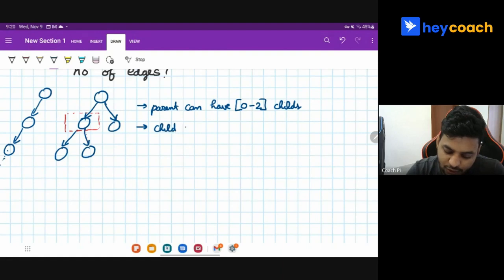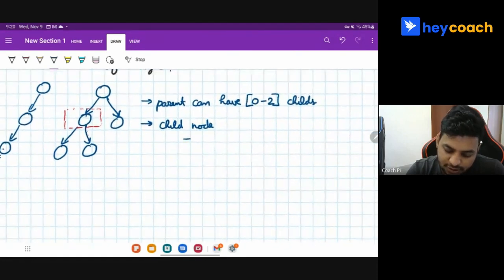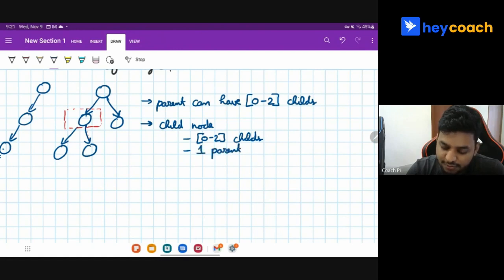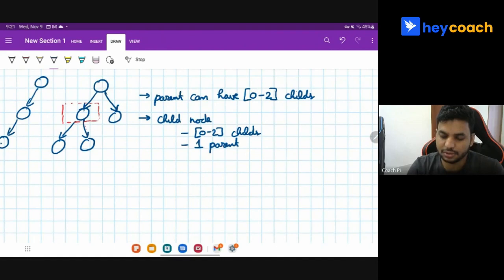When it is a child node, let's draw an observation from here. A child node can have 0 to 2 children, or it can have only one parent here. Now these are all the possibilities of the relationship in our trees.